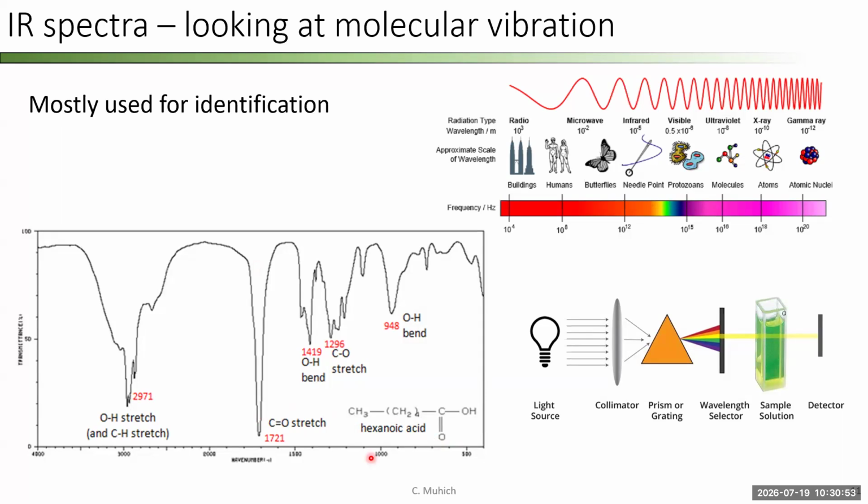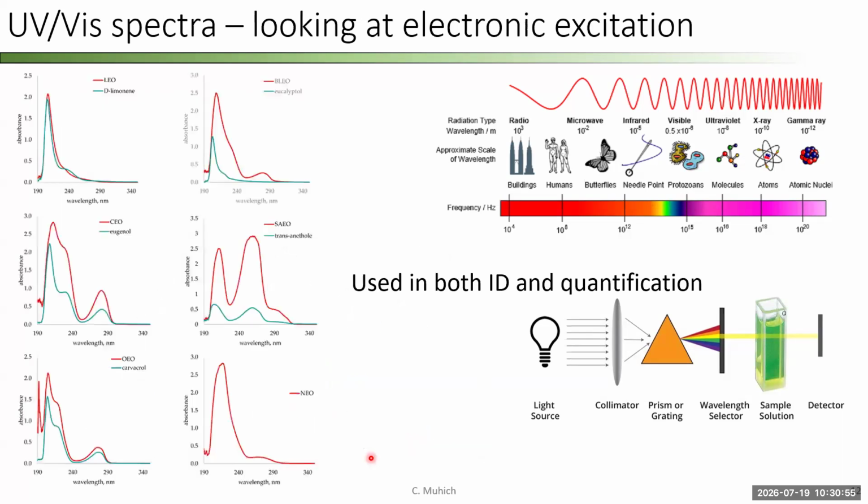All right. So the other place that we look at is going just up the energy level of our electromagnetic wave. So this is called UV, or ultraviolet and visible spectroscopy, or spectra.